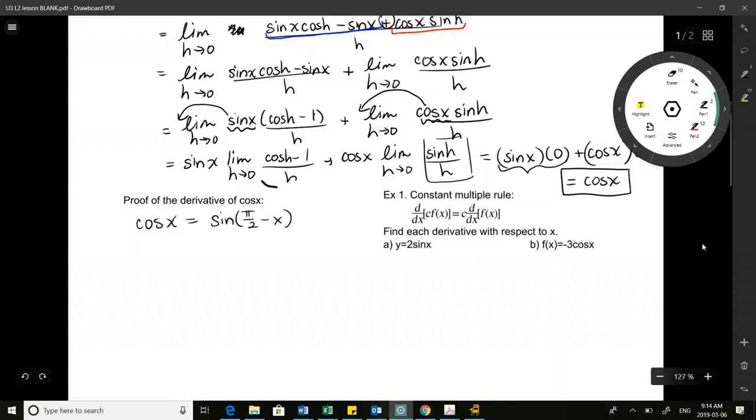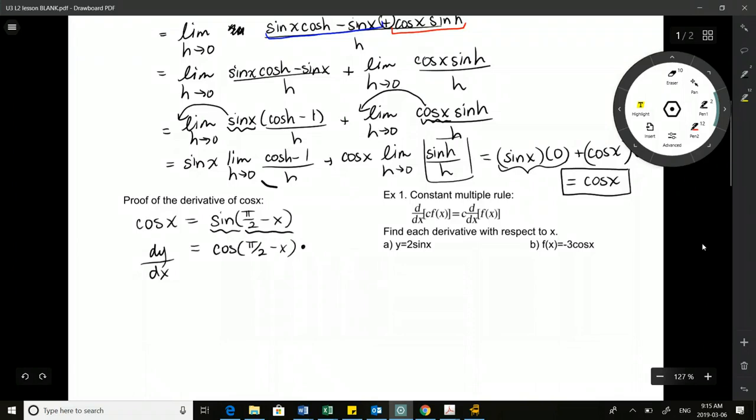So we know that the derivative of sine is cosine, now that we've proven it. So when we do dy over dx, the derivative of the sine part will be cosine of whatever is inside. In our little video that we watched at the beginning of the year, it was the derivative of the blob that's inside. So we get the cos of pi over 2 minus x.